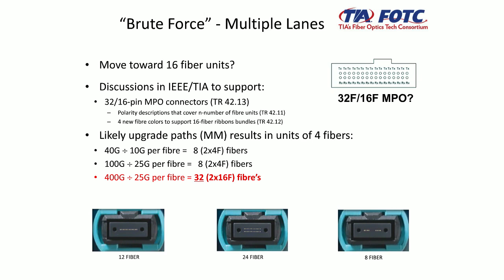You can see the progression on the bottom there, 12 fiber, 24 fiber, 8 fiber. 12 fiber is historical. 8 fiber is optimized for SR4 with no dark fiber. And 24 fiber is a good connector to support multiple SR4s, particularly 8 fiber where I could have three 8s, let's say.